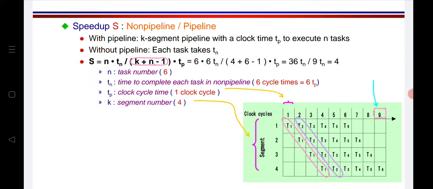So n is your task number, and Tn is your time to complete each task in non-pipeline. Tp is the clock cycle time, which is your 1 clock pulse, and K is your segment number. So you are increasing your speed of operation 4 times.